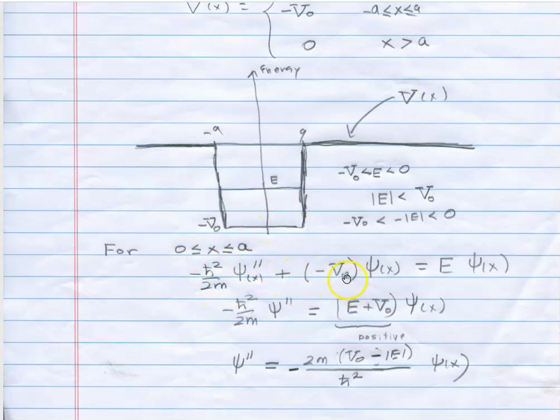And our equation now becomes, in that region, the potential V of x is just minus V naught. It's a constant all the way here. And I have this equation to solve.